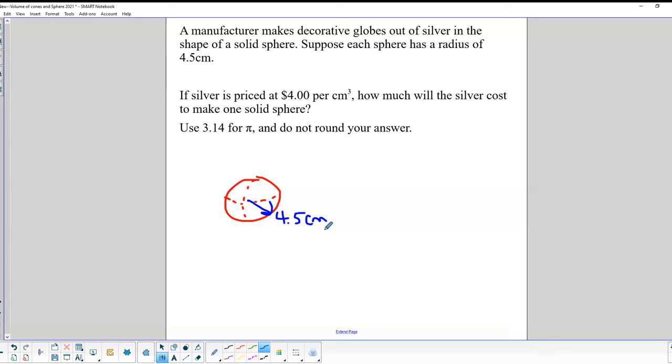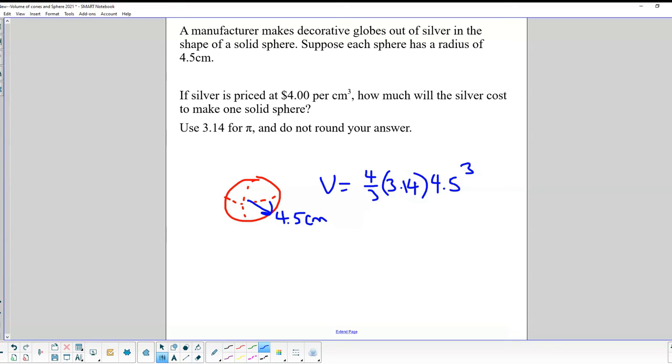And now we're going to use that to find the volume of our sphere. And then we can figure out how much it costs to make this sphere. So let's start out with 4/3 times 3.14 times the radius, which is 4.5 to the third power. And that's going to be the volume of this sphere.